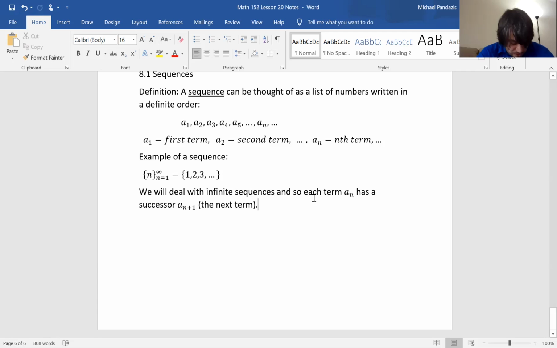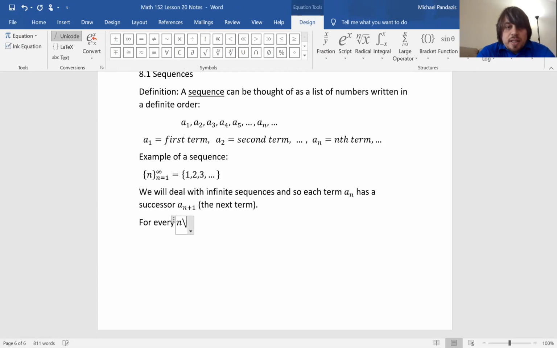Okay, so for every n in the set of positive integers.